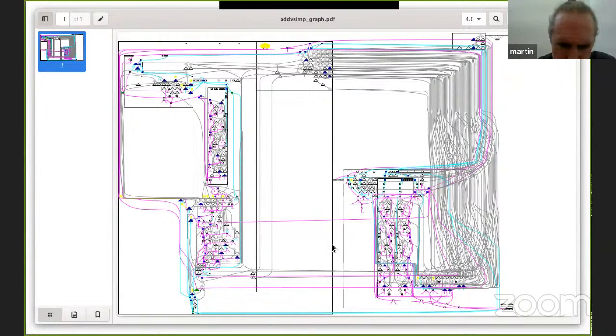And the coloring of the nodes is how expensive they are. So let's zoom in and have a look. Basically, this is unpack. This is your unpack logic. This is the actual add, that's the operate. I think this is the rounder. And this is to put it back together afterwards.